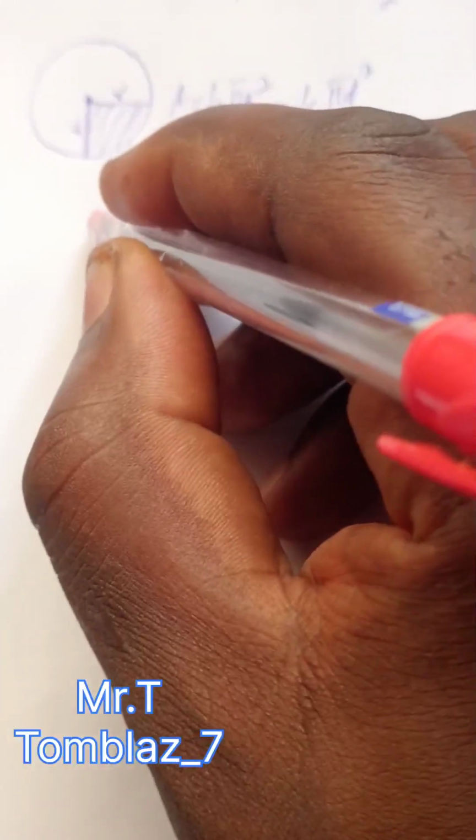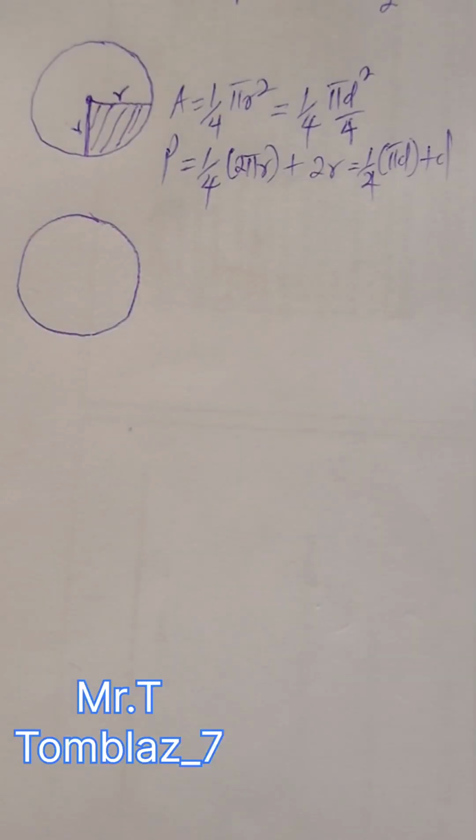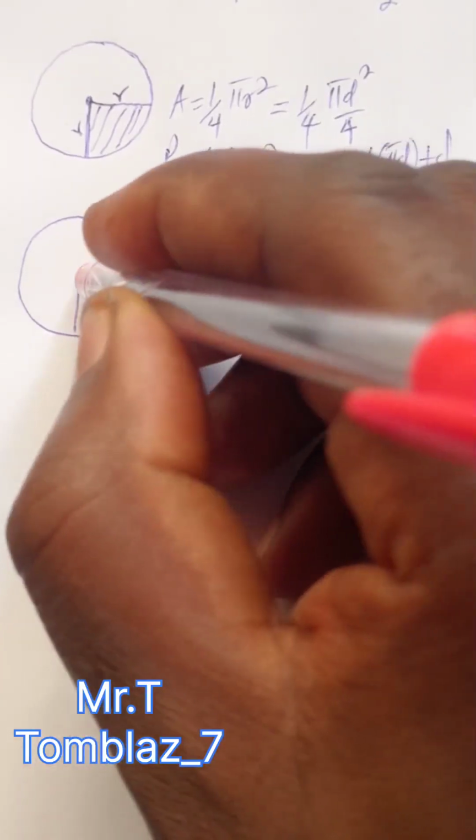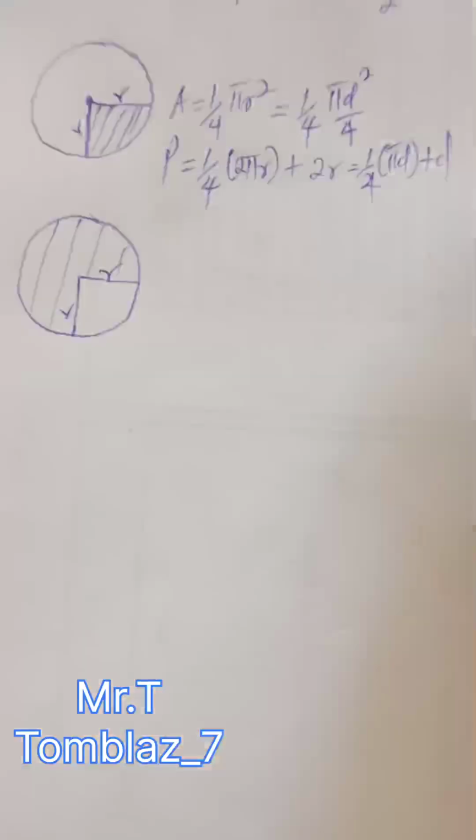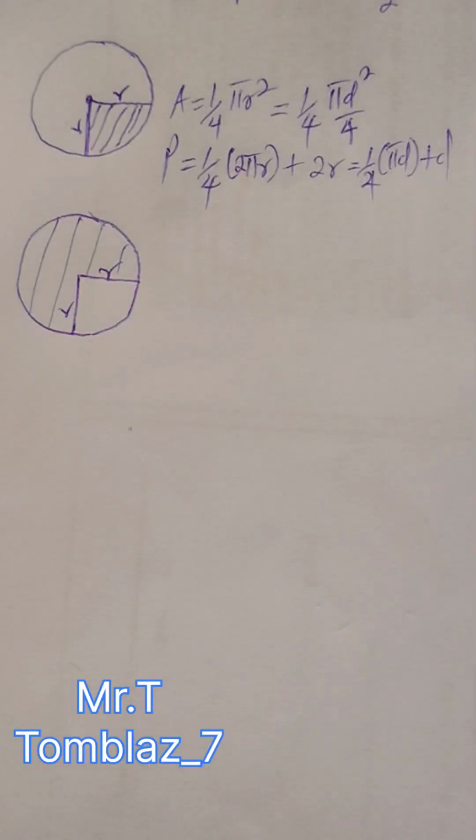Okay, so another condition that I want to observe here is when a portion of a circle is shaded this way. Here, don't forget that this is still our radius and the whole of this portion is shaded, meaning 3 quadrants are shaded. So if this is the case, then the area is going to be 3/4 pi r squared.